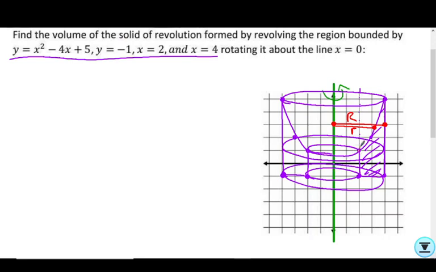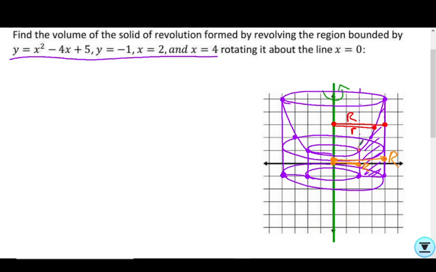As soon as I get to this spot right here, my outer radius is still my big R, and my inner radius is from here to here. Because my function splits at this point, I have to create two integrals. So I've got to set this up twice.